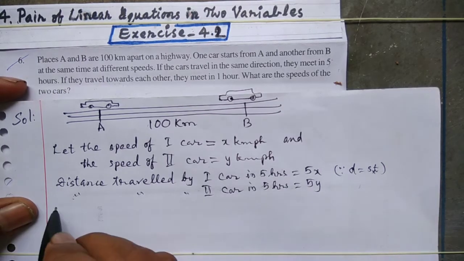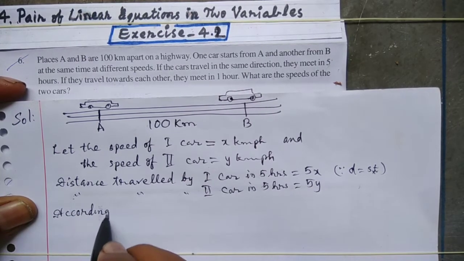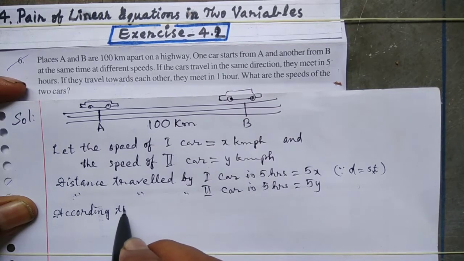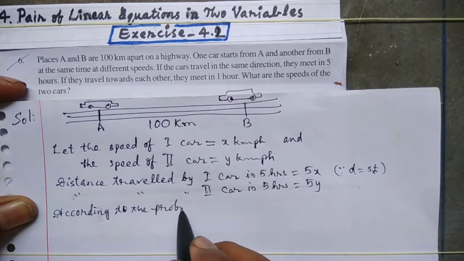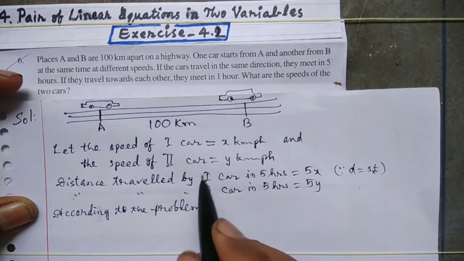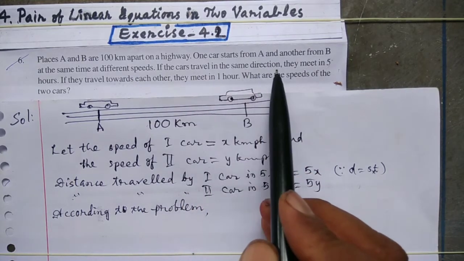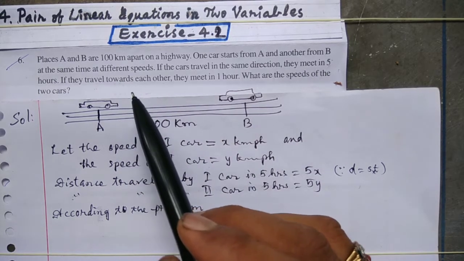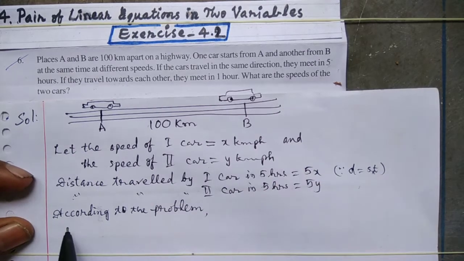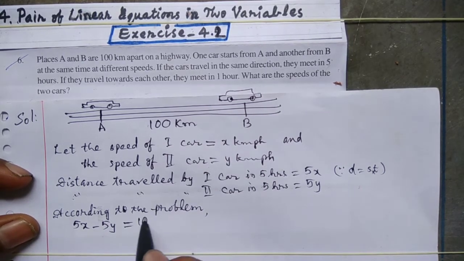According to the problem, if the cars travel in the same direction, they meet in 5 hours. So 5x minus 5y is equal to 100.